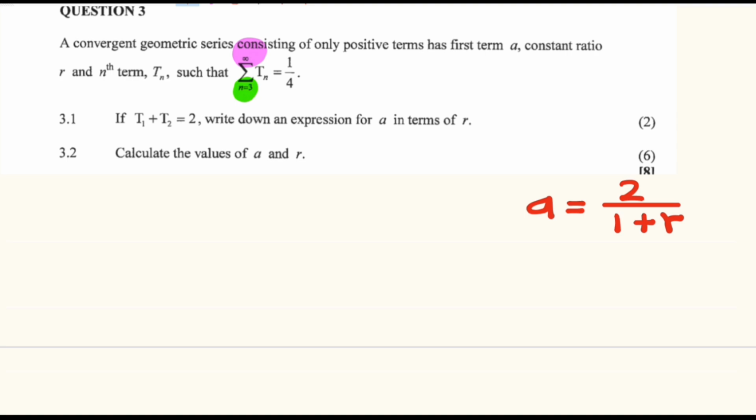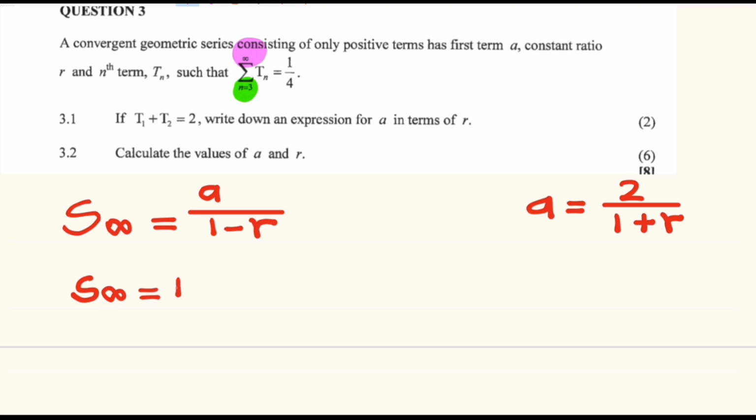So the formula for sum to infinity from the formula sheet, we have sum to infinity is equal to A divided by 1 minus R, and the sum to infinity, like I said, is equal to all the sums from term number 1.